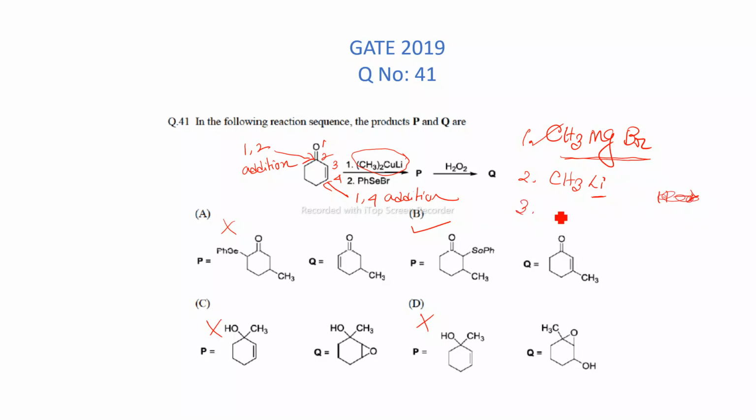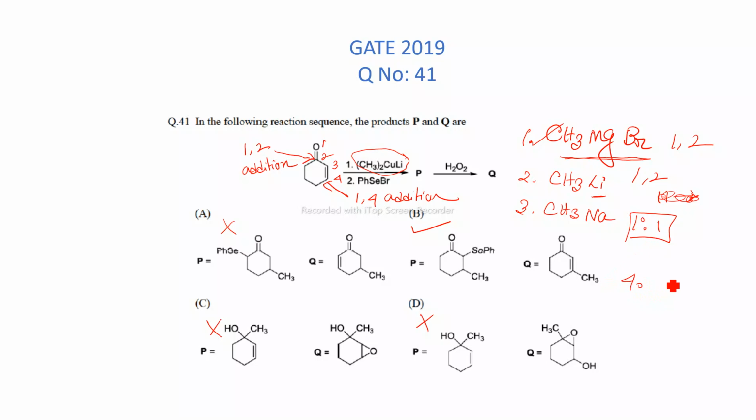If we use CH3Na, suppose that time both attacks can be possible. Here 1,2 attack, here also 1,2 attack, but here both 1,2 and 1,4 attacks are equally feasible. CH3Na.